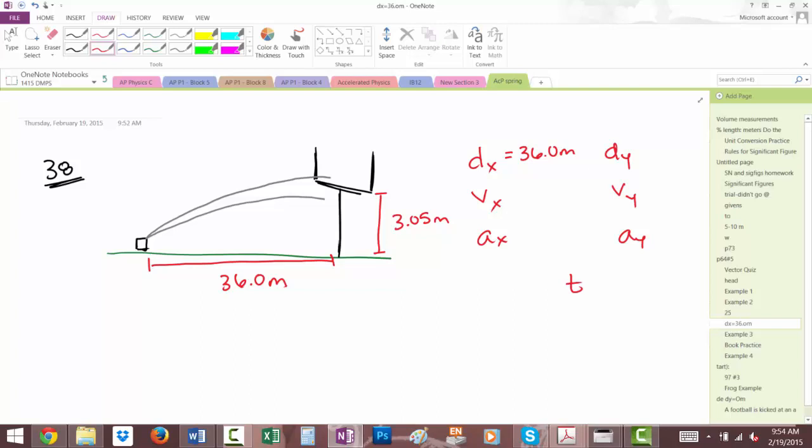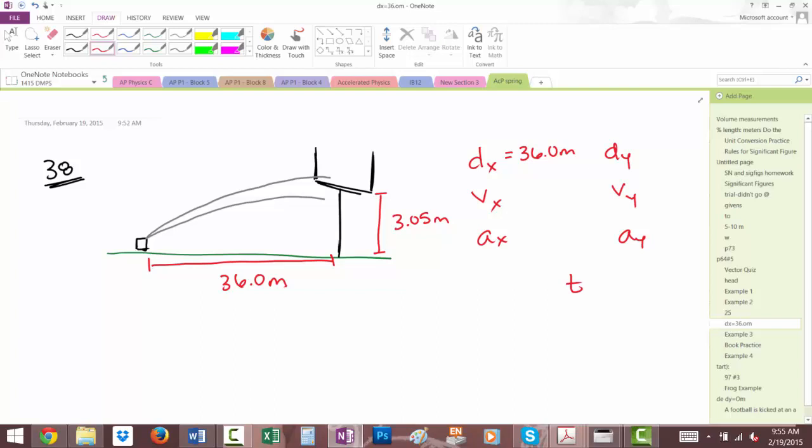Do you agree? If it only gets to 30 meters, then obviously it's not going to go over. So let's assume it's going to get to 36 meters, and let's find out when it's at 36 meters, how high up is it? Are you with me there?